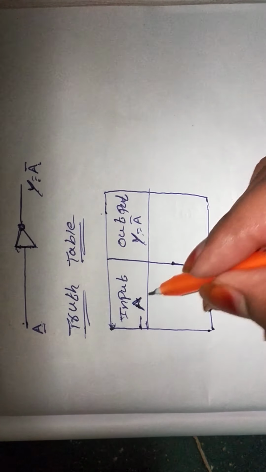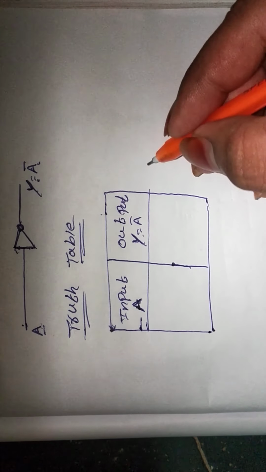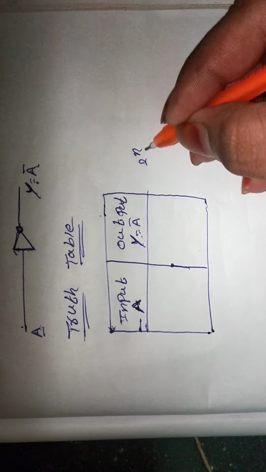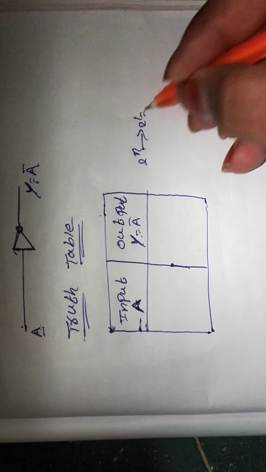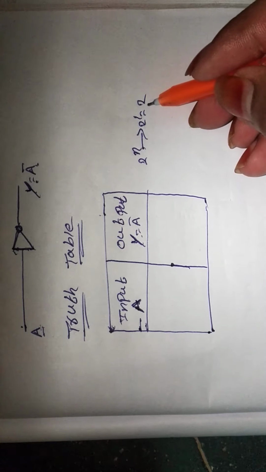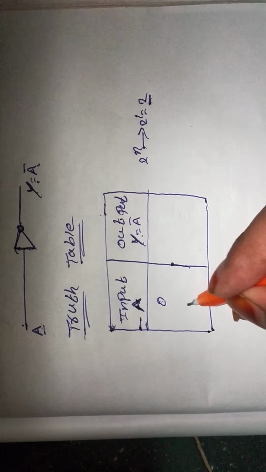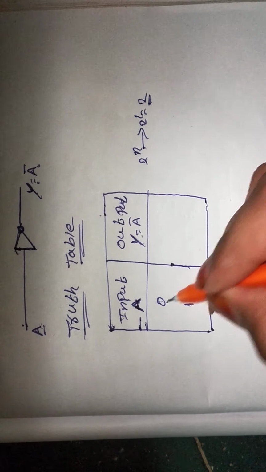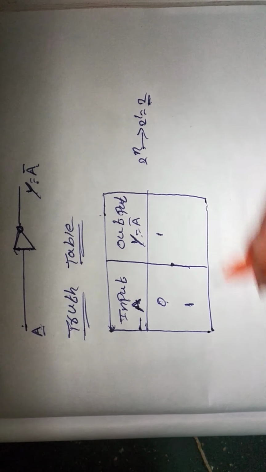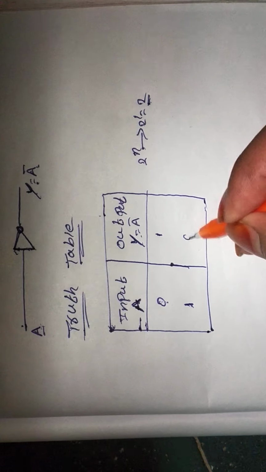Here we use one variable, 2 power n, that implies 2 power 1 equals 2. So two combinations occur, 0 and 1. The complement of 0 is 1 and the complement of 1 is 0.